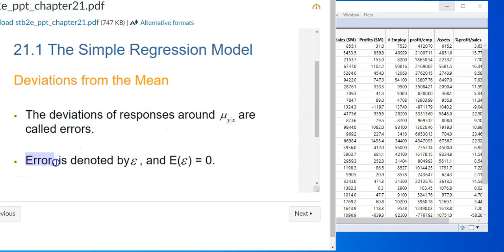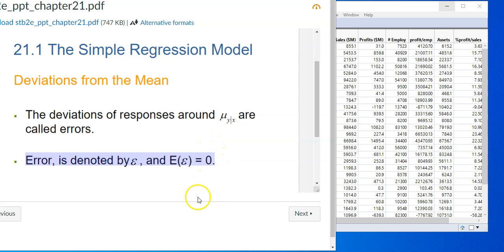Another thing is the errors. So I told you that we want the regression line to go through the data. It means you have approximately equal amount of points on top and below the line. And if that happens, those points that are on top of the line are positive.